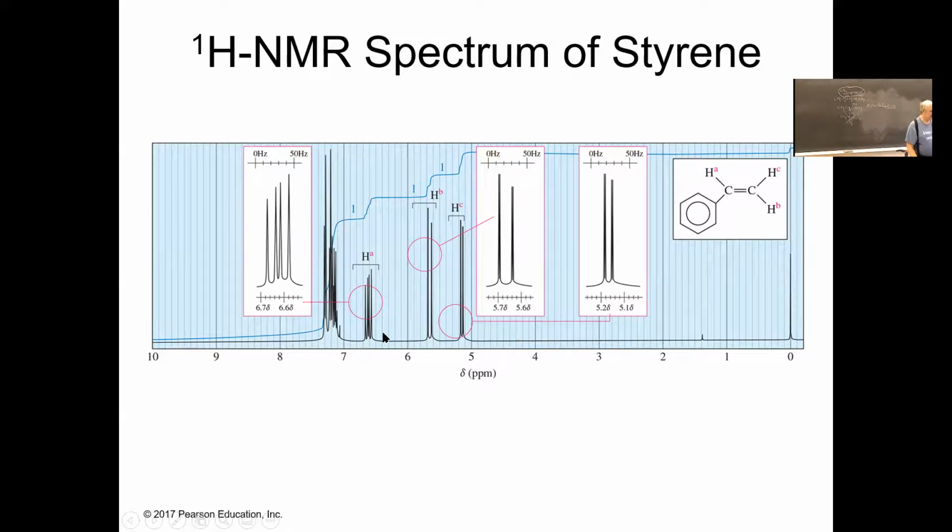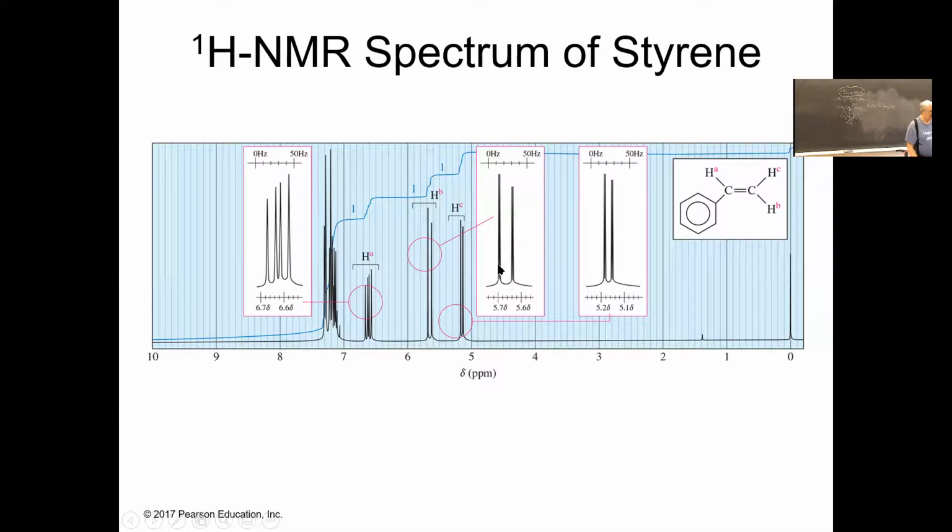And the three alkene signals here, we've got A, B, and C. Here is A, which is this one. It's being split by C and by B. Here is B, and here is C.